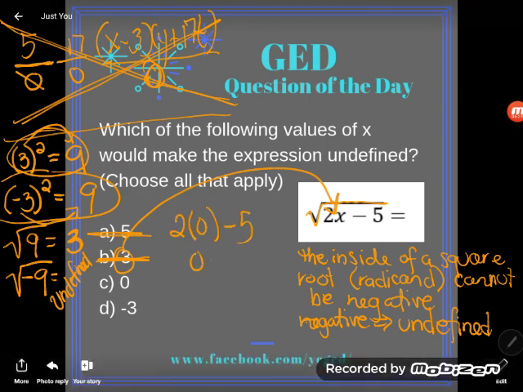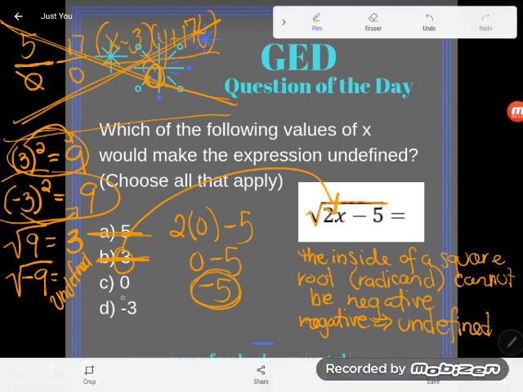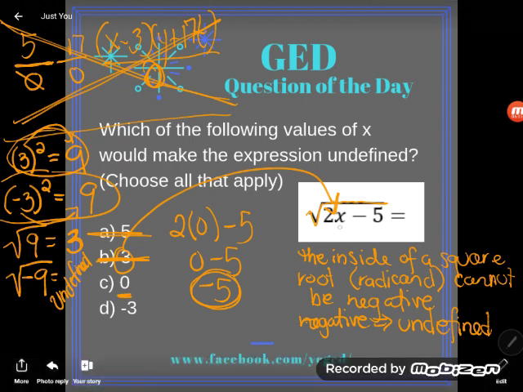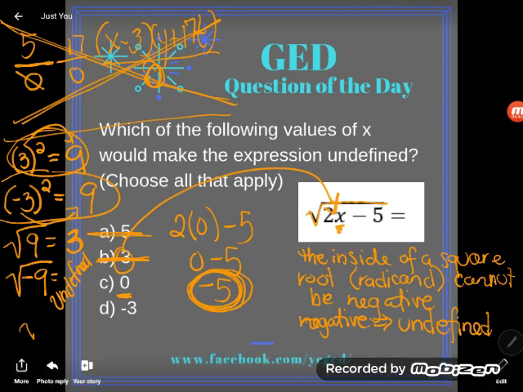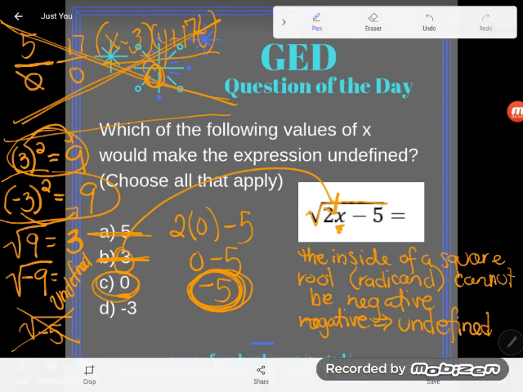Well, 2 times 0 is, of course, just 0, and 0 minus 5 is negative 5. Take a look. If I had a 0 right in here for x, I would end up with a negative radicand. I would end up with a negative inside my square root. And we said when you have a negative inside a square root, that answer is undefined. And so C would make this expression undefined.